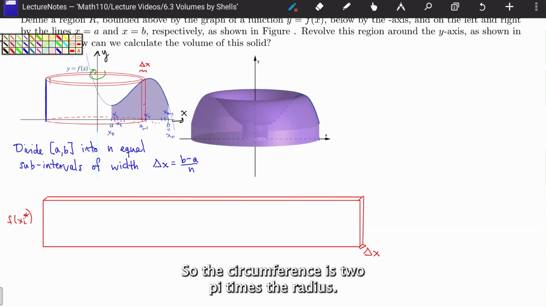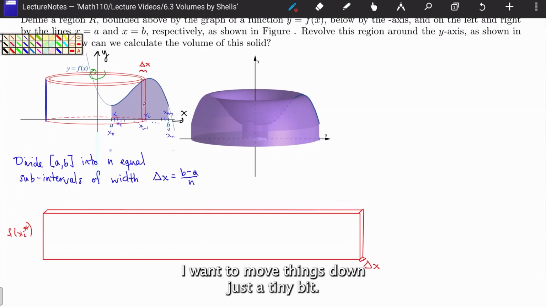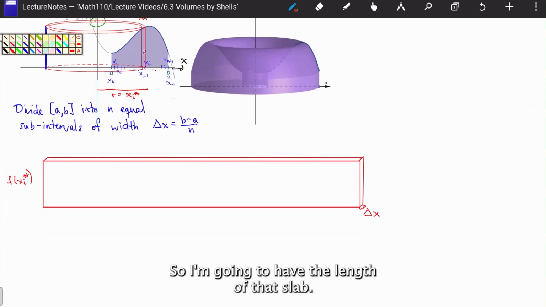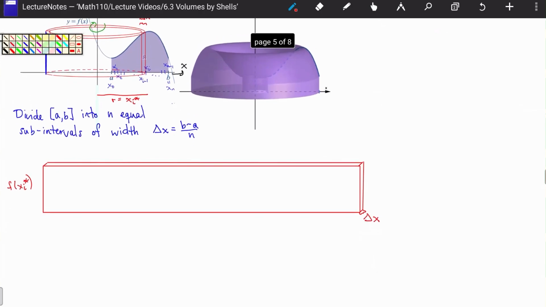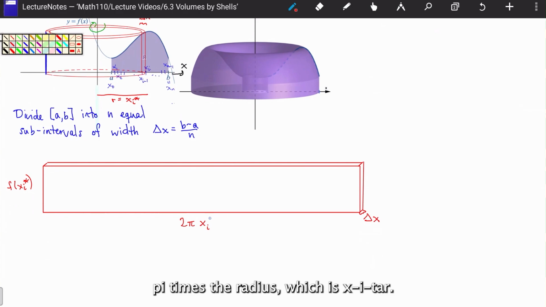So the circumference is 2 pi times the radius, and the radius in this case is the x coordinate, so the radius here is x i star. So the length of that slab when I open up that cylindrical shell is going to be 2 pi times x i star.